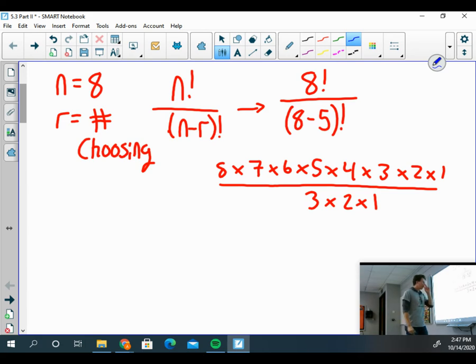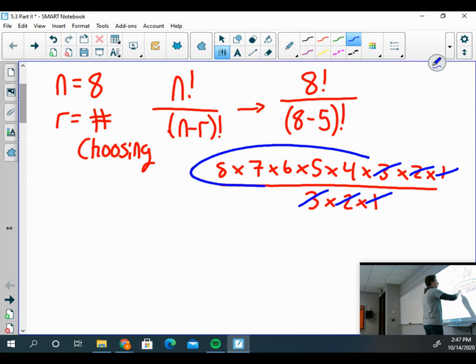But what you notice here is because these are all multiplied together, we're dividing by the same number, so they cancel, and we're left with exactly what we solved for earlier. This is where the permutations formula comes from, okay?